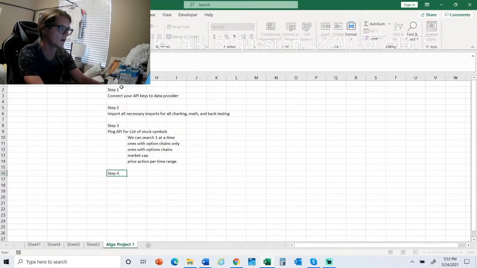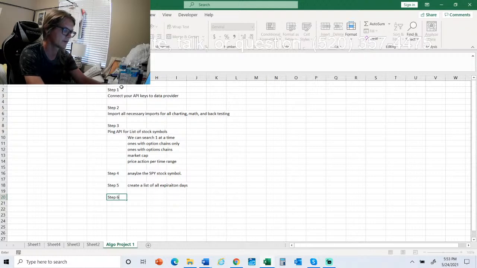Step 4. Analyze the SPY stock symbol. Step 5. Create a list of all expiration days.